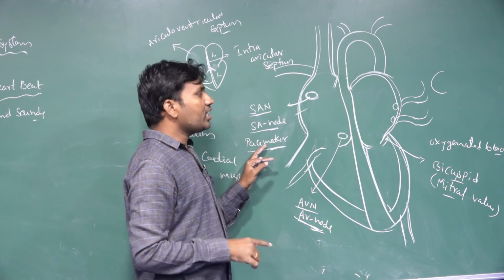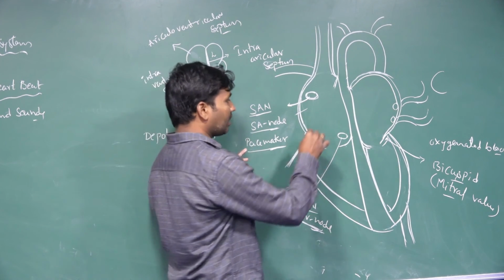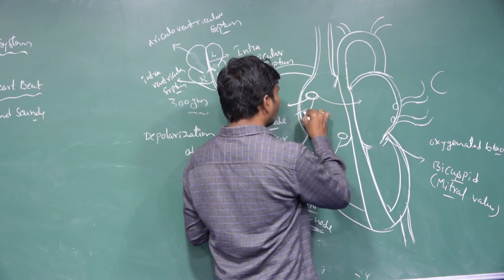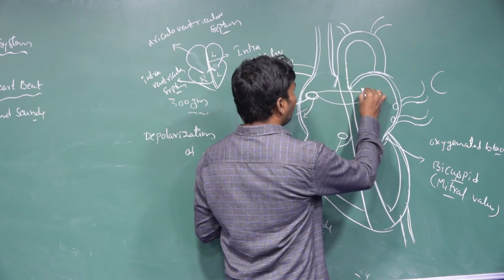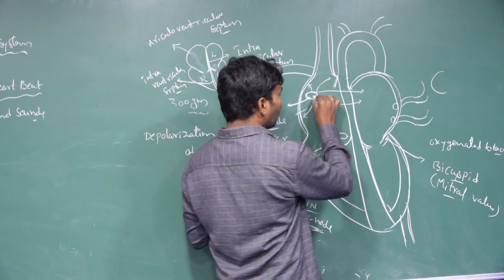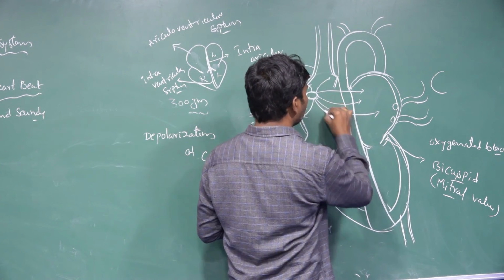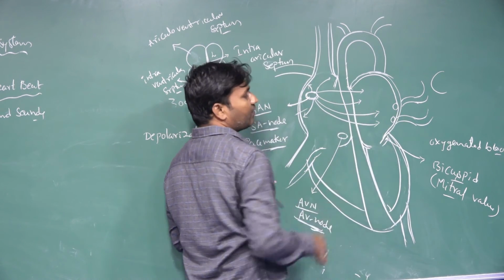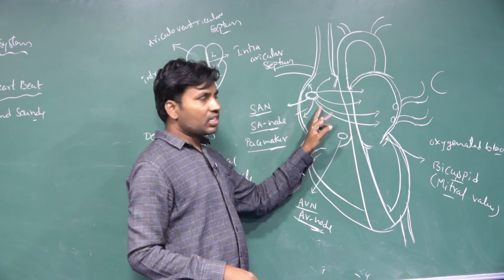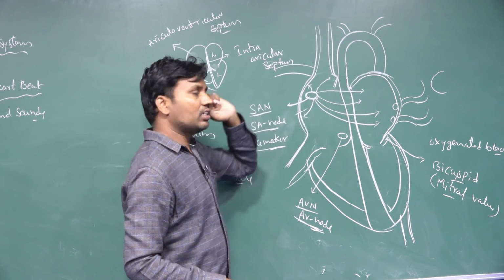Once initiated, the electrical impulse spreads over the entire surface of the atrial chambers, the walls of the right and left atria receive these impulses, and they contract.